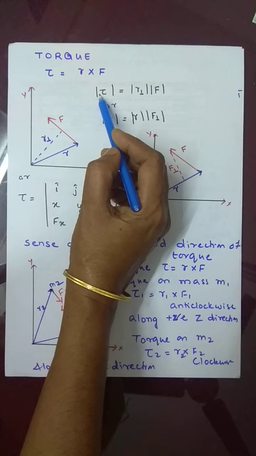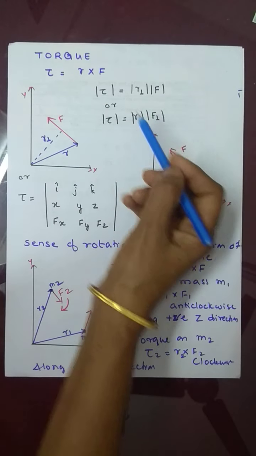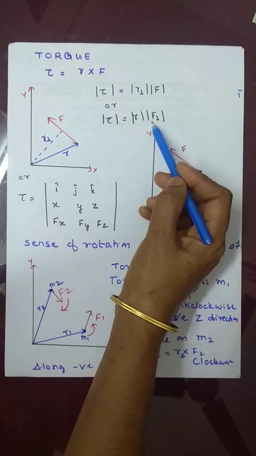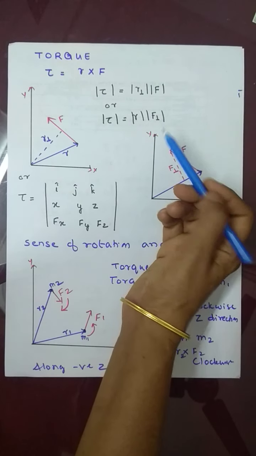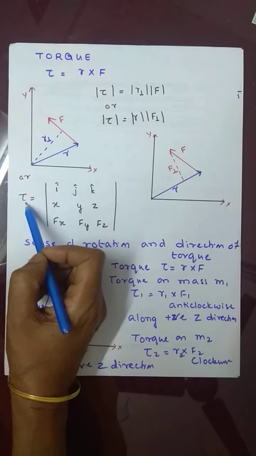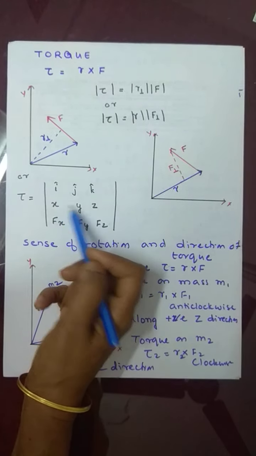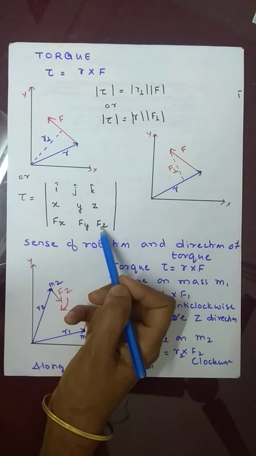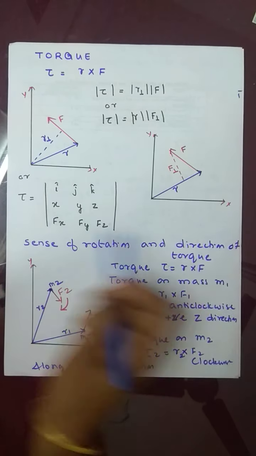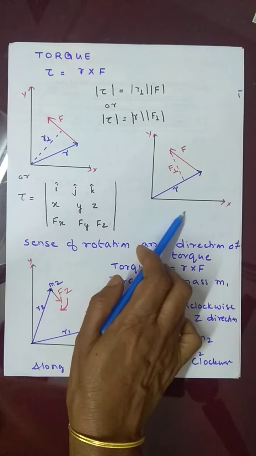So magnitude of torque is magnitude of r perpendicular into magnitude of force, or magnitude of r into magnitude of force perpendicular. So this again I can represent by the determinant form. Tau is equal to the determinant of i j k, x y z, Fx Fy Fz, resolving it into the x, y, z components. Here we have shown only the xy plane.